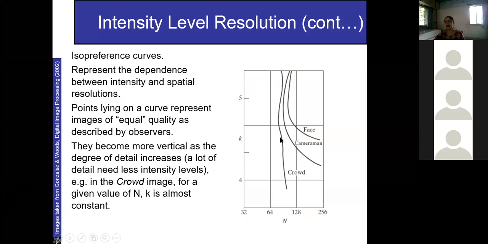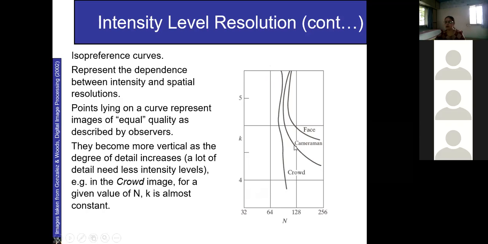It indicates that though you reduce the intensity levels, it gives you the same quality of image. So for a given spatial resolution n, we can select either 4 intensity levels or 5 or more, and it gives you the same quality. So for high detail images, we can go with fewer intensity levels, because increasing them is not going to add to the quality of the image.